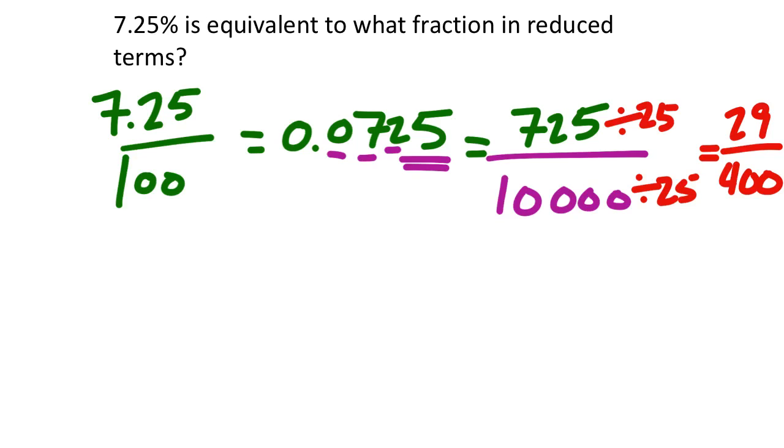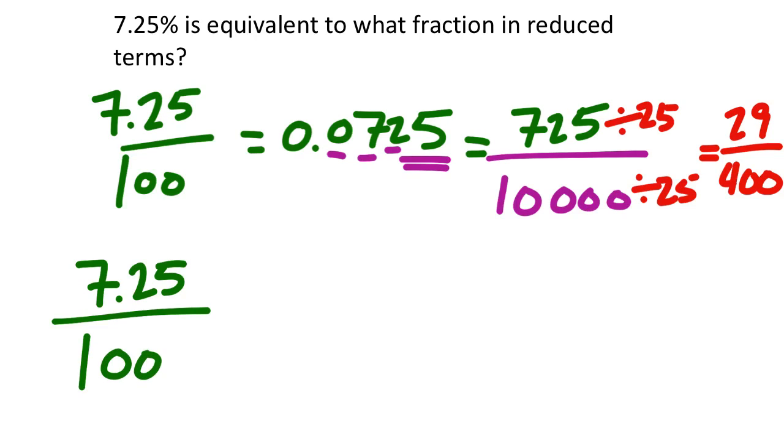The other way to look at it is just to start out with, because you're still going to make it over 100, 7.25 over 100. But now what I would do is, like I just said, we don't want decimals in the fractions. So I would move this decimal 2 times to the right.